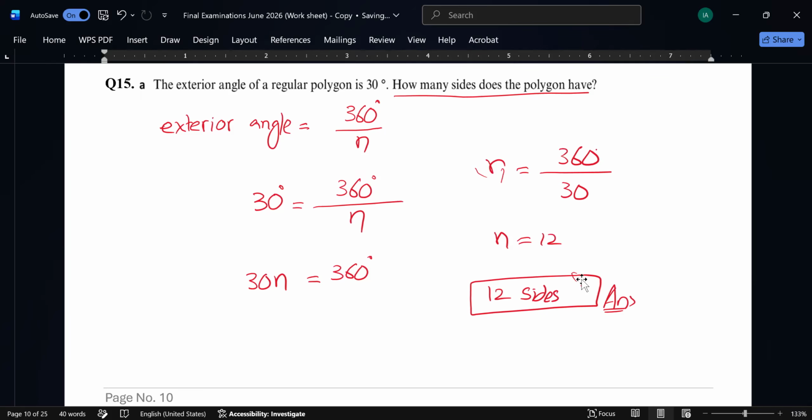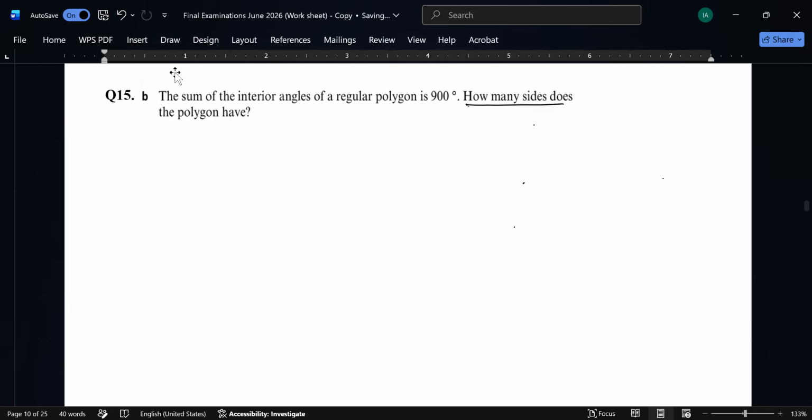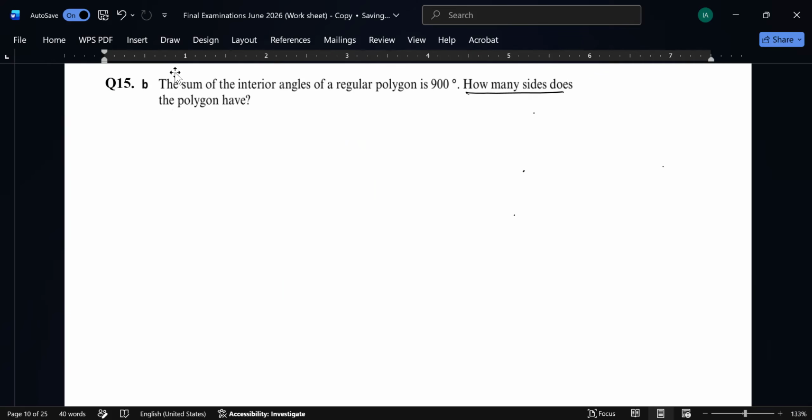Yes, take the next question. Sum of interior angles. Okay, it's about the sum of interior angles, and they are asking for the number of sides. So again, write down the formula. Sum of interior angles is (n minus 2) times 180.